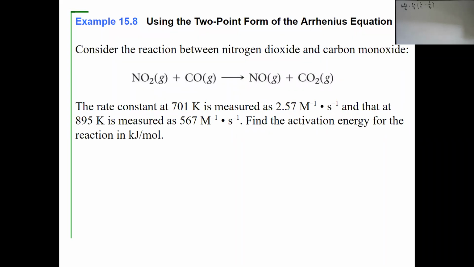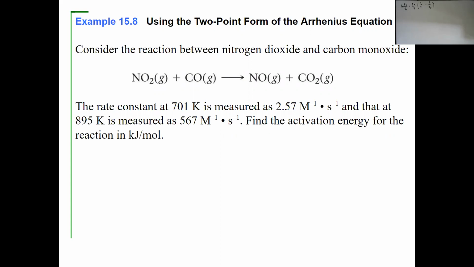Here they're giving us 2 different rate constants and their corresponding temperatures. And we're going to use the relationship between rate constant and temperature to figure out the activation energy here. All right, the other thing that you can figure out is if you know the activation energy, you can figure out one of the other missing variables.